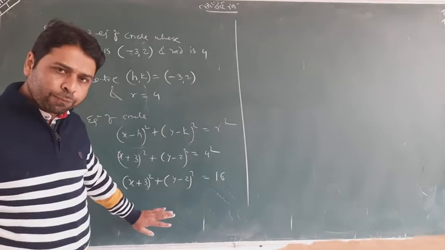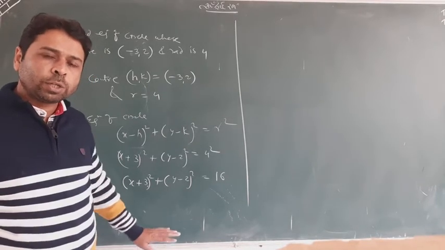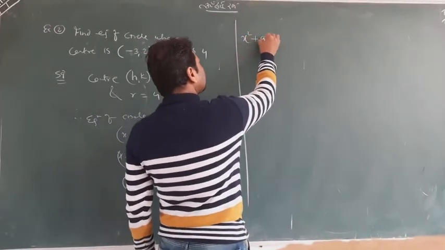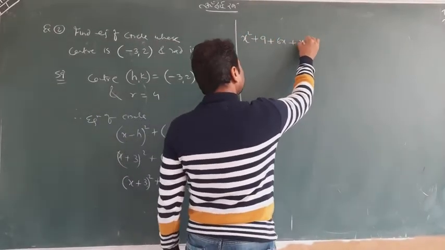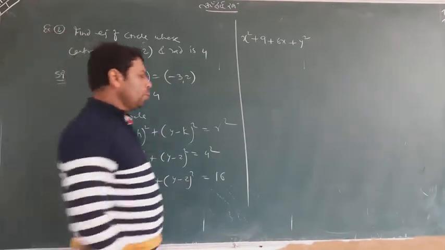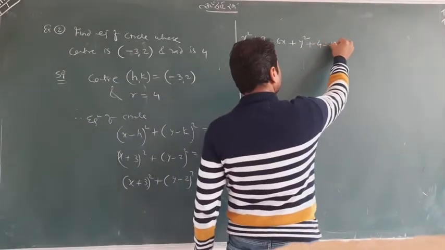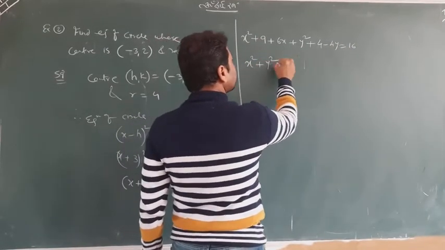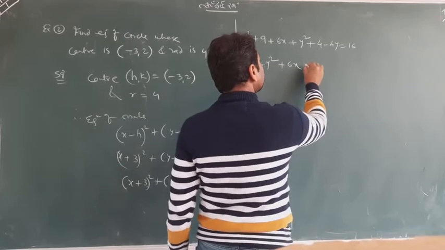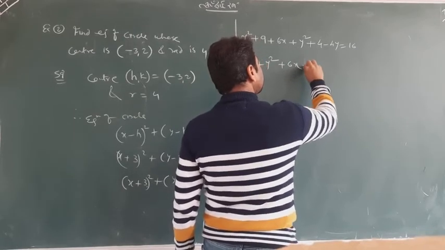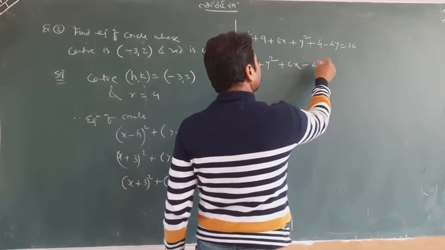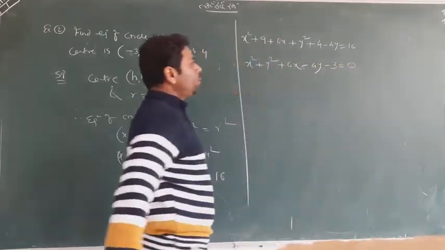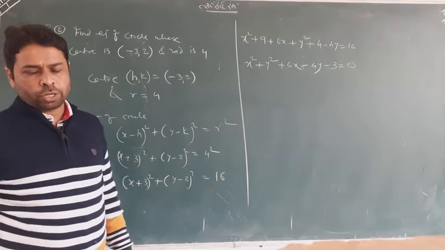Still, if a student opens it, what will he or she get? x square plus 9 plus 6x plus y square plus 4 minus 4y equal to 16. So x square plus y square plus 6x minus 4y, and 9 plus 4 is 13, minus 16 gives minus 3. This is my real answer actually.